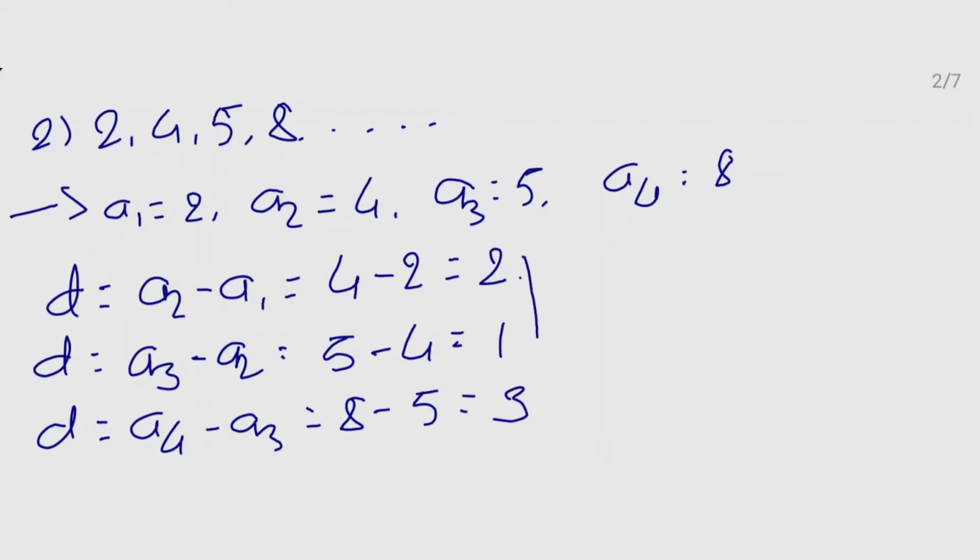Look at here, the common difference is not constant. So the given sequence is not an AP.